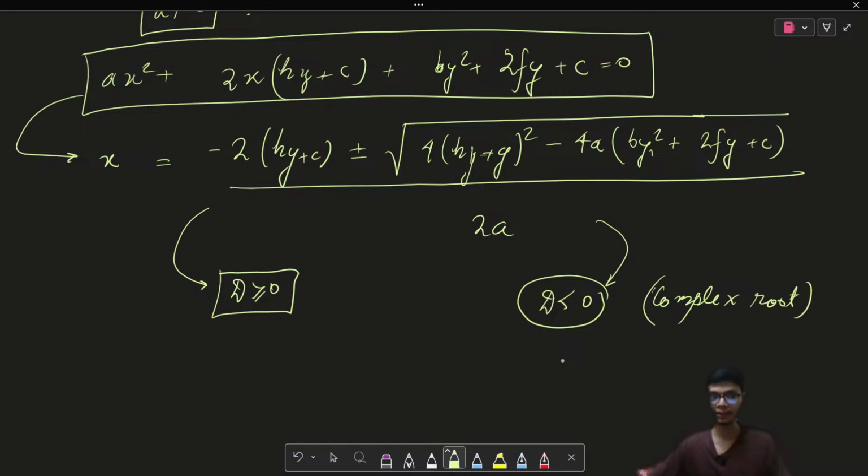So this particular condition will imply when I will have two equations of straight lines.